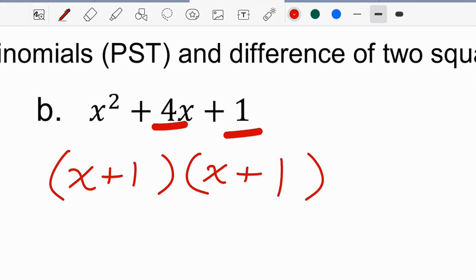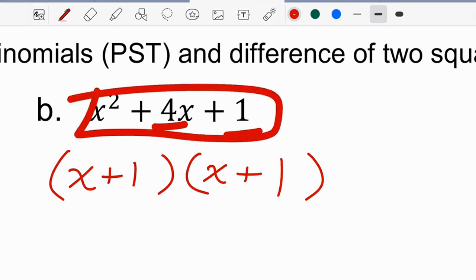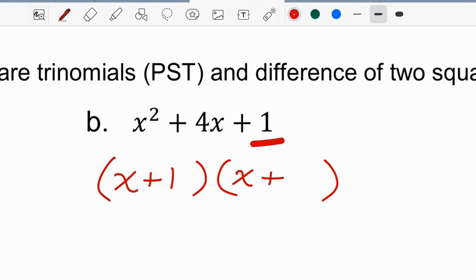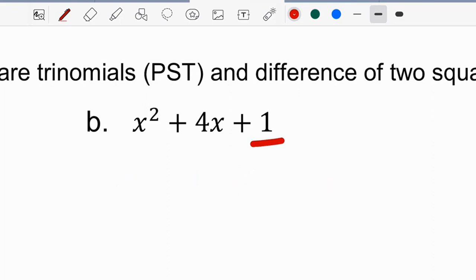The product of 1x and 1x is just 1x, and twice that is only 2x. The point is that this problem was not a perfect square trinomial. It just didn't have the look. I couldn't break it down into x plus 1, x plus 1, and I can't break it down into anything.